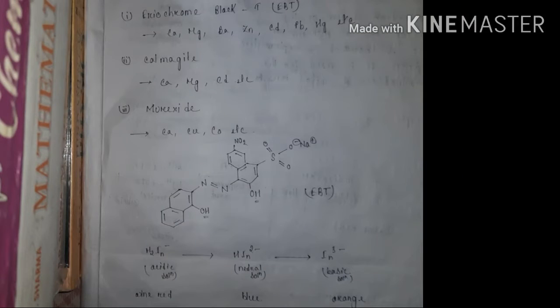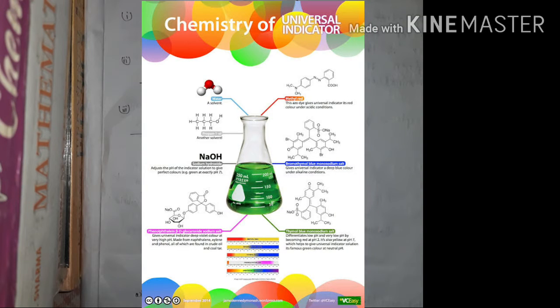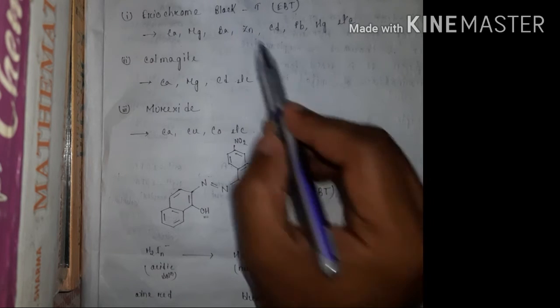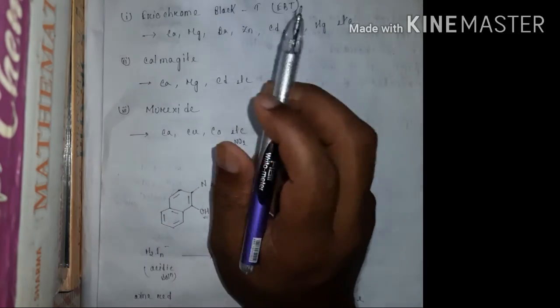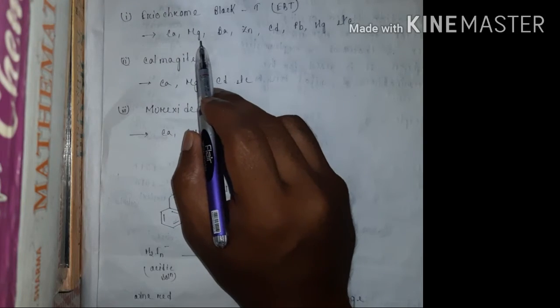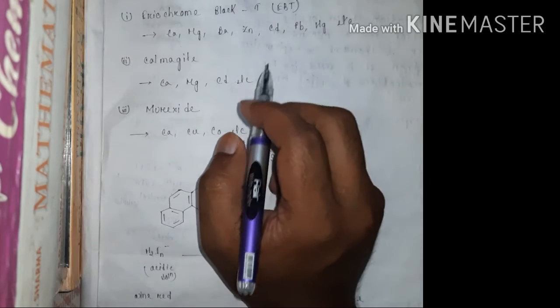Let's see the indicators used in the complexometric titration. Those indicators are also known as metal ion indicators. There are three main indicators used in complexometric titration. Those are Eriochrome Black T, calmagite, and murexide. Eriochrome Black T is used to determine calcium, magnesium, barium, zinc, cadmium, lead, and mercury metal ions.